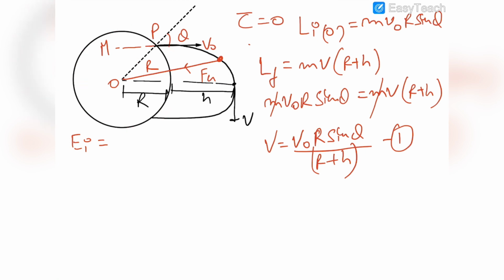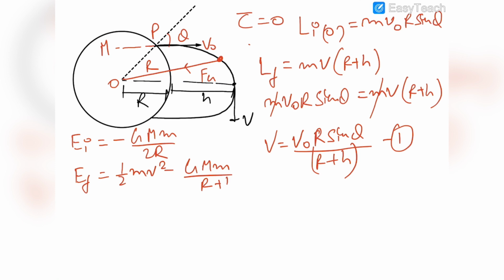So we know that the total energy of satellite in orbit of radius r is minus GMm by 2r, and at this point we can say that the energy will be equal to finally half mv square plus the potential, which is minus of GMm by r plus h.